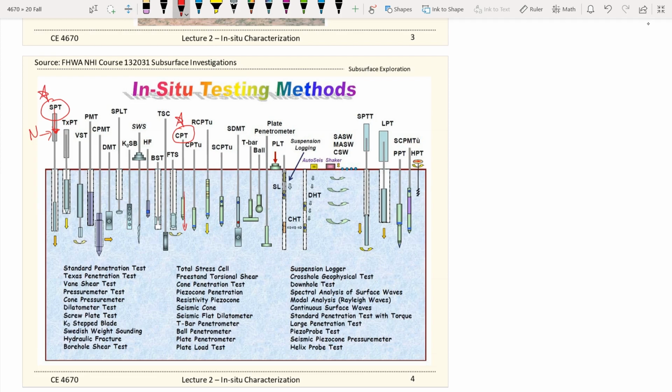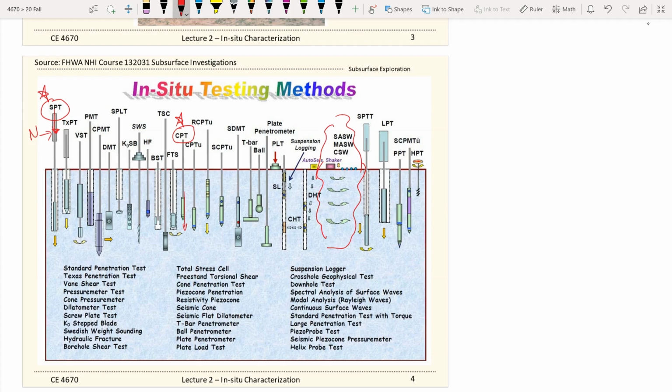In fact, there are many different kinds. Both the SPT and CPT belong to the destructive or intrusive type of field testing. And there is also more advanced testing, which is non-destructive, which means you don't need to disturb your soil profile. We use something like shear wave velocity or primary wave velocity.